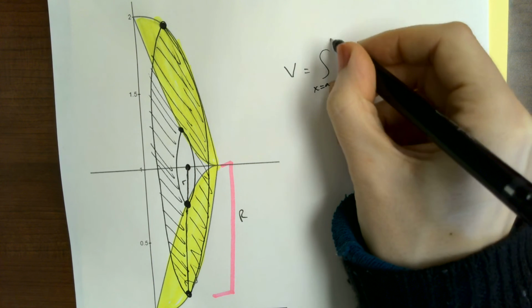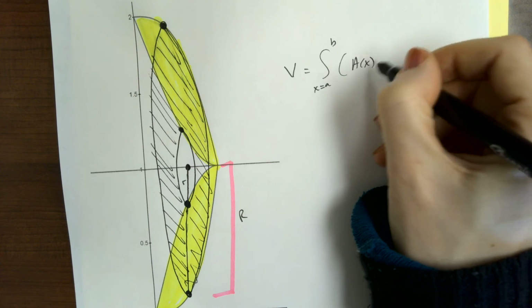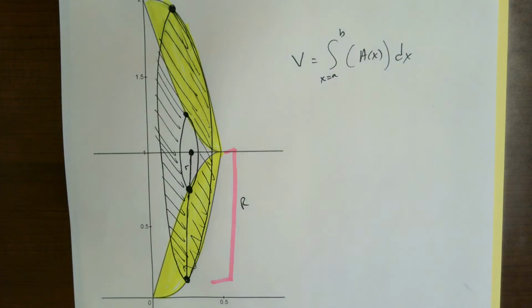So x equals a to b, and then the area of a cross section in terms of x, dx.